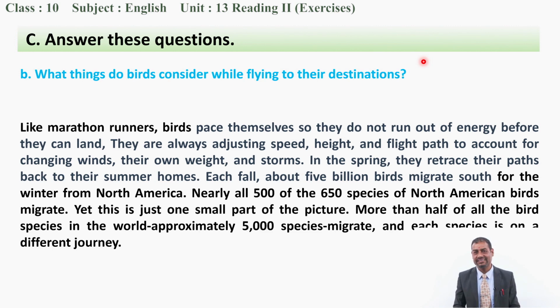So where do you find its answer? You can find this answer in the second paragraph, okay? So first of all, locate your answer. Try to find out in which line the answer is. So have you found? Now, let me show you whether you have found correctly or not.